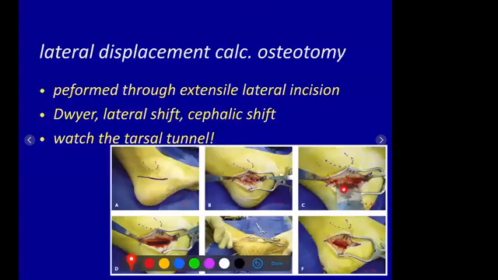While I'm here, what I also do sometimes is a peroneus longus to brevis tenodesis. If you go just superior to this and open the peroneal sheath, you will see the peroneus longus and the brevis, and I do a tenodesis. If the deformity is very severe, I tend to do a tendon transfer.